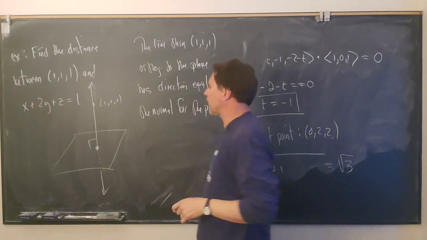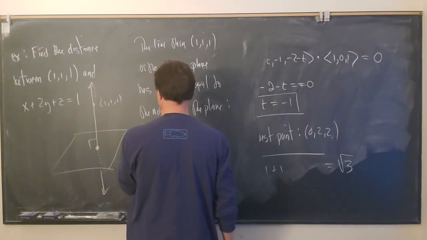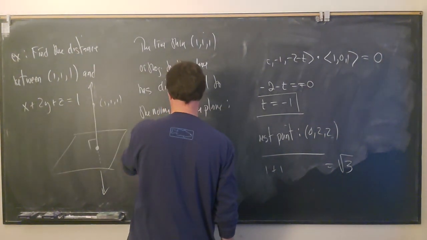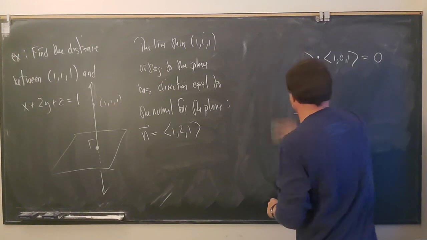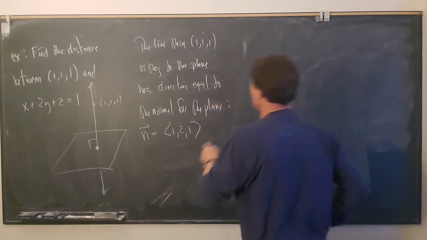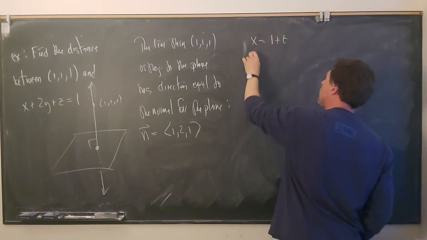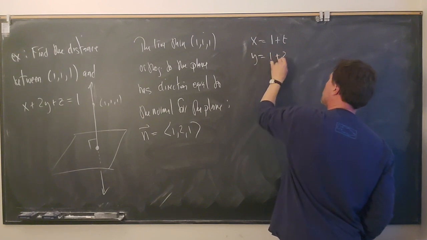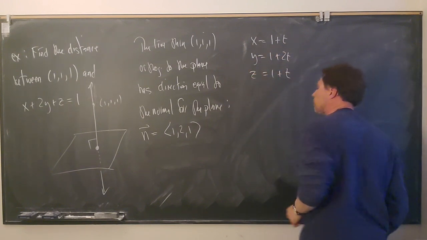And who is the normal vector for the plane? Well, we can just read it off. It's 1, 2, 1. So, in parametric form, the line is going to be x equals 1 plus t, y equals 1 plus 2t, and z equals 1 plus t.